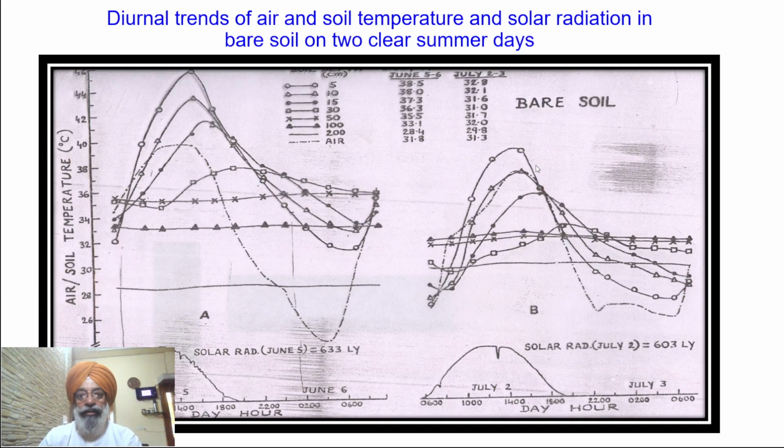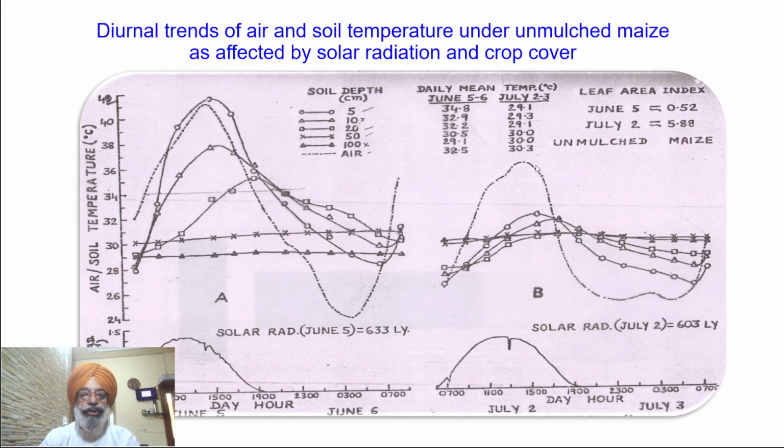So now the soil is not bare, it is now a maize crop without any mulch cover. Now you see what happens to the soil temperature when there is a crop, and how it is different from that of the bare soil. On June 5th and 6th, it is sparse cover, because the maize crop has not fully covered the soil surface.